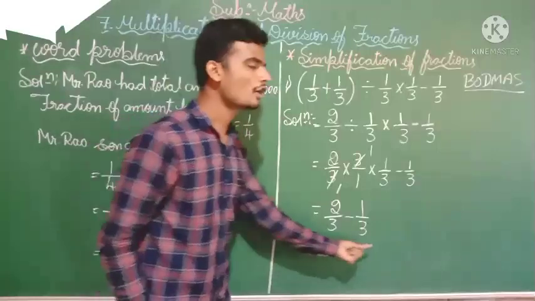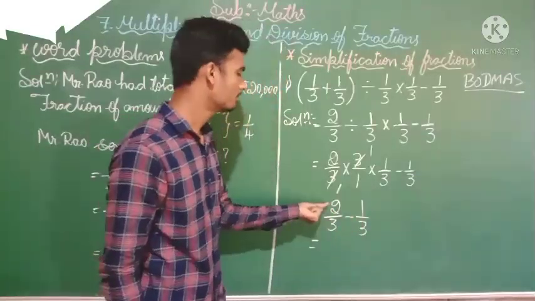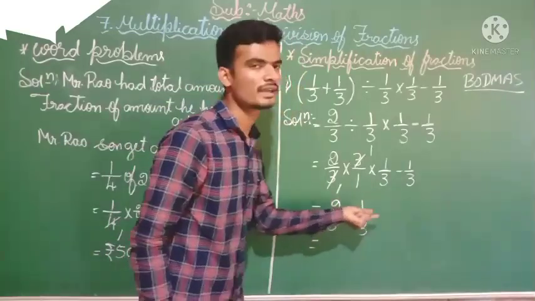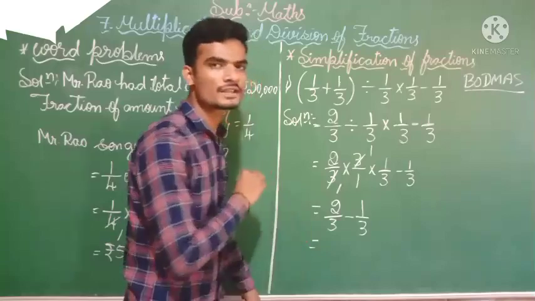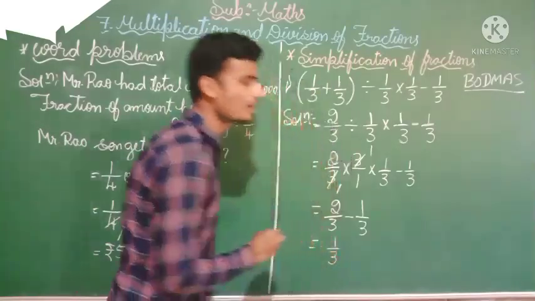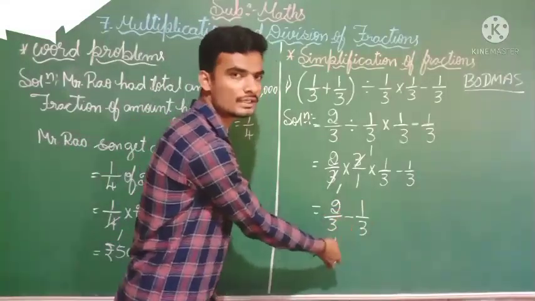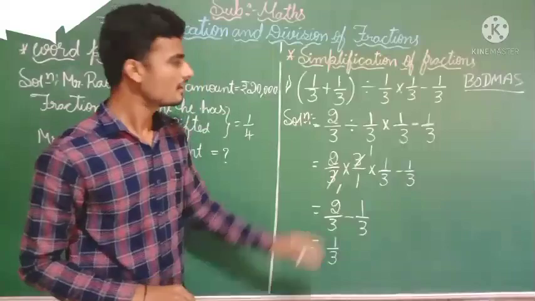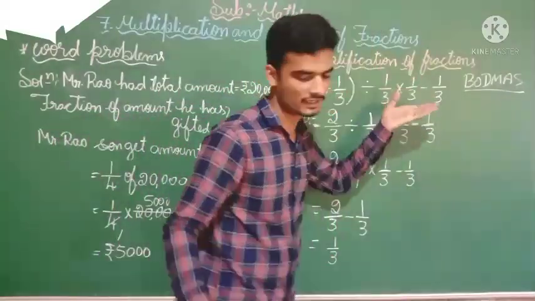Now here we got the same denominators, so we subtract the numerators. If you subtract the numerators, what difference do we get? That is 1 by 3. How? 2 minus 1 is 1. So 3 you write as it is for the denominator. This is about simplification of fractions.